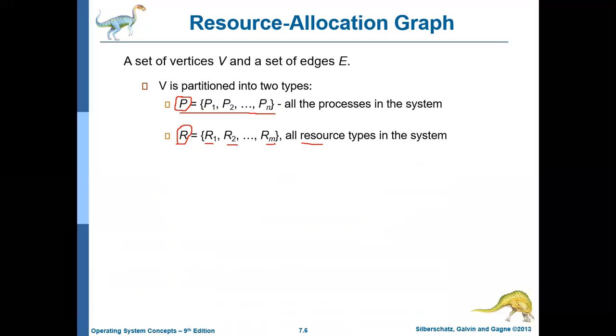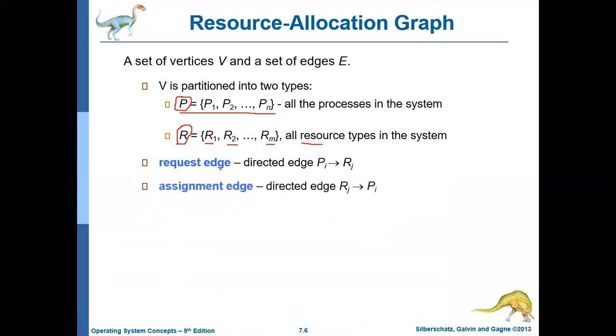And edges are also of two types. One is called the assignment edge. If a resource Rj is already assigned to a process Pi, then there will be an edge from Rj to Pi.